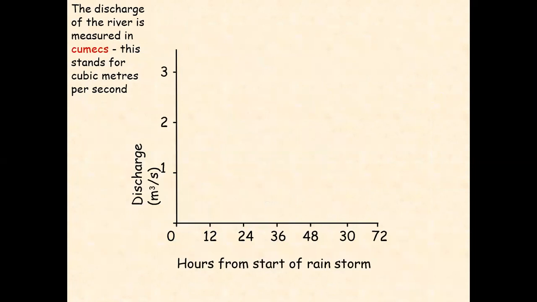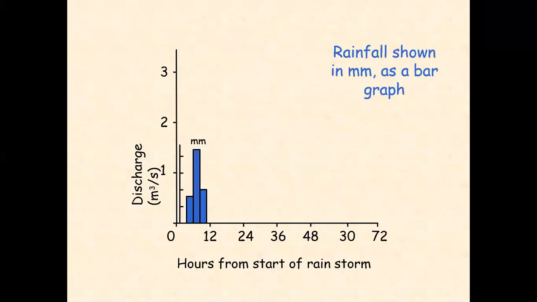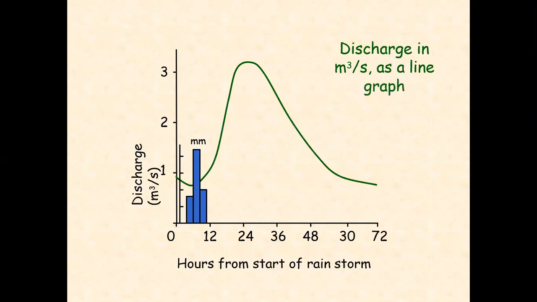The discharge of the river is measured in cumecs, that stands for cubic meter per second. Rainfall is shown in mm as a bar graph, and discharge in meter cube per second as a line graph.